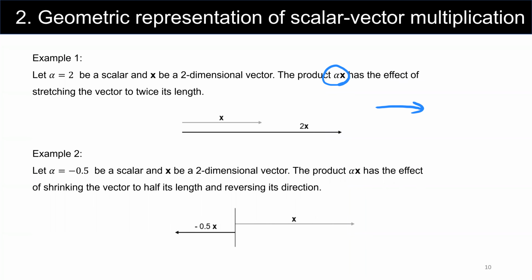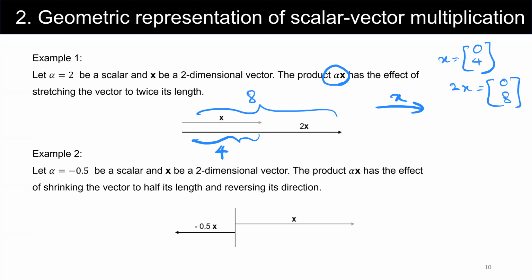So let's say x is equal to (0, 4). So the length of x is 4. And then we want to find 2x. 2x is equal to (0, 8). So it stretches the vector to twice its length.